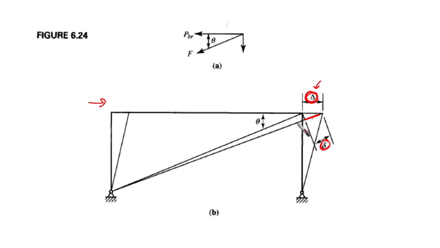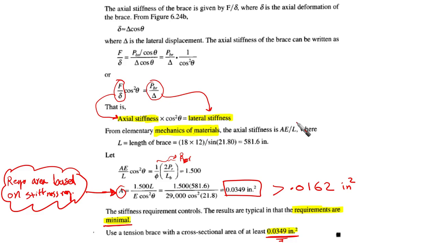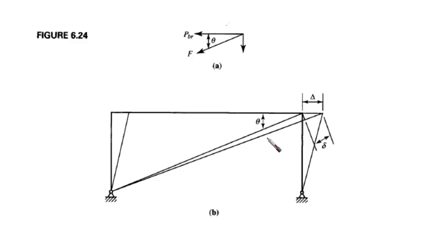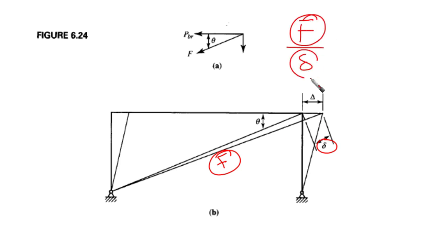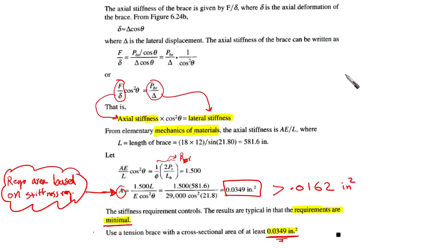The axial stiffness of the brace is given by F over delta. Here we have F, here we have delta. So the axial stiffness of this diagonal equals F over delta, force over the axial delta, which equals EA over L.